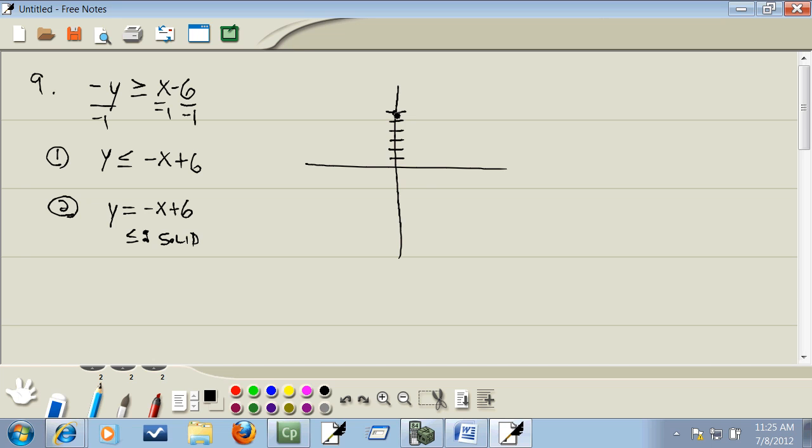Nice part about solving for y is you can easily identify your y-intercept, which is the number at the end, and your slope, which is the number before your x. The slope is -1, so you put it as -1 over 1. That's change in y over change in x, which says I go down 1, right 1. So down 1, right 1, and that'd be my second point. Now we said it's going to be a solid line, so I make that solid.